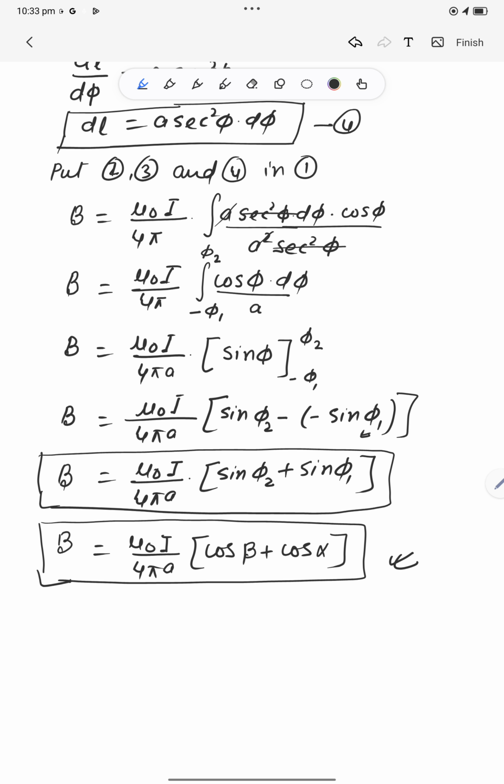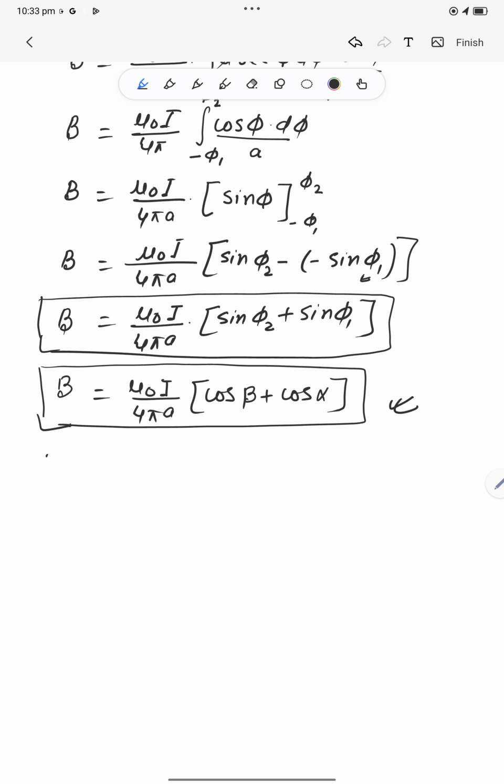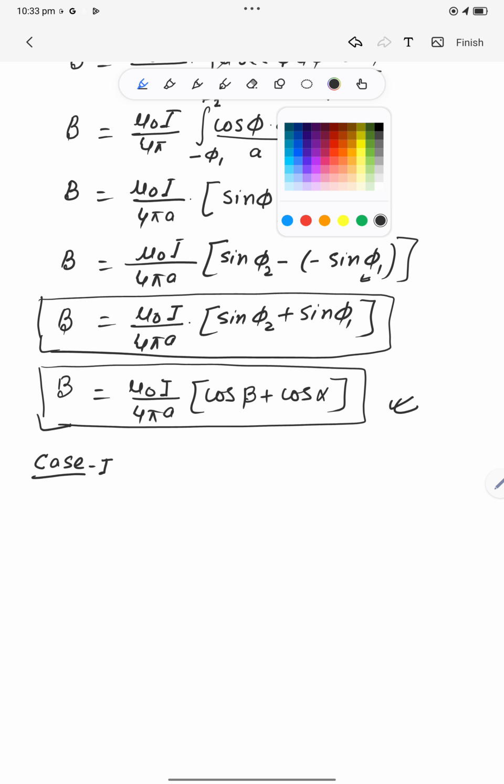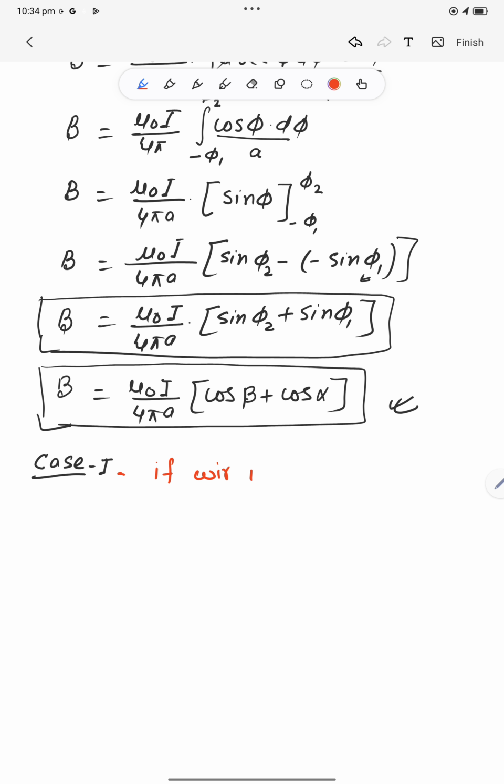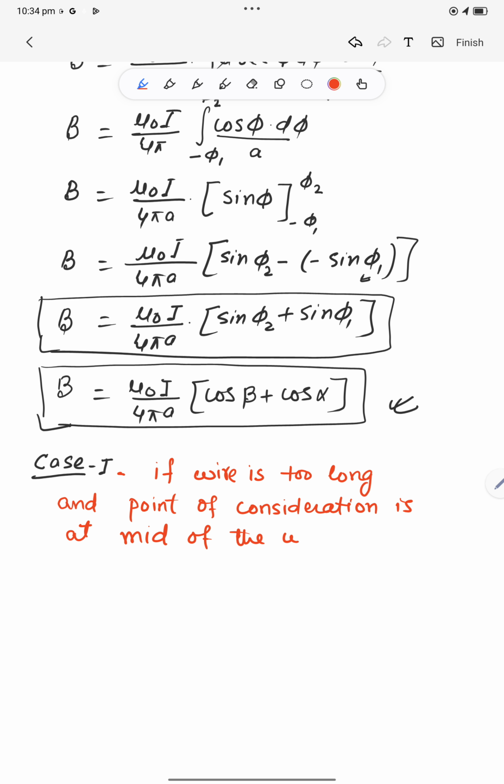Okay, now there will be some cases. Case 1: if the wire is too long, and the point of consideration is at the mid of the wire.